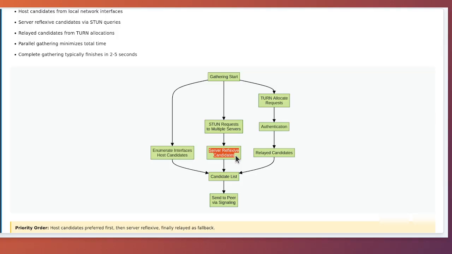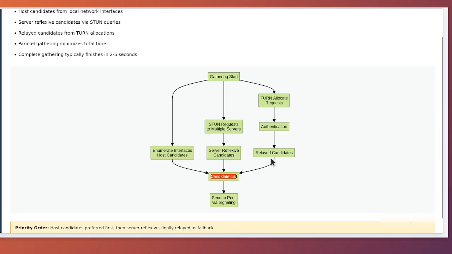The STUN server responds with the reflexive address, which is how that local address appears after NAT translation. This reflexive address becomes a server reflexive candidate. The application usually queries multiple STUN servers to ensure reliability and to potentially detect symmetric NAT by comparing whether the reflexive addresses are consistent across different server destinations.